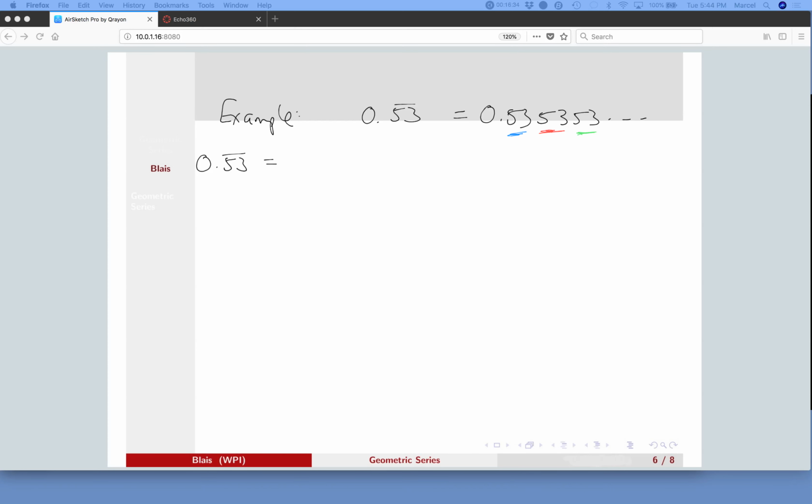So your first term would be 0.53. Your second term would be 0.0053, picking up that second 53. And then your third term would be 0.000053.